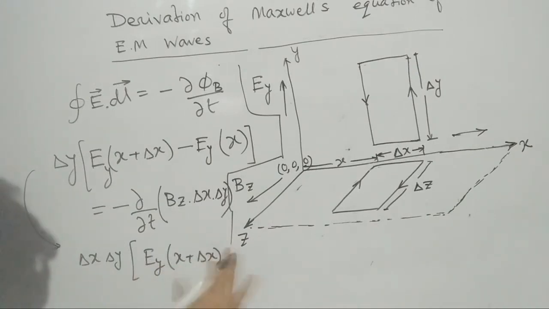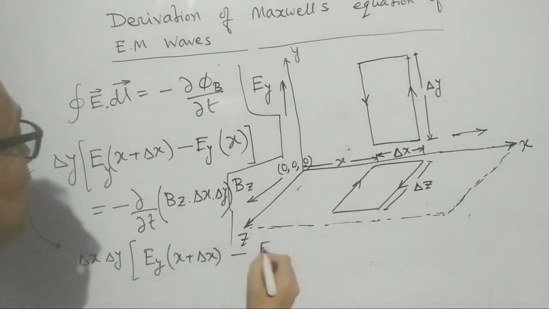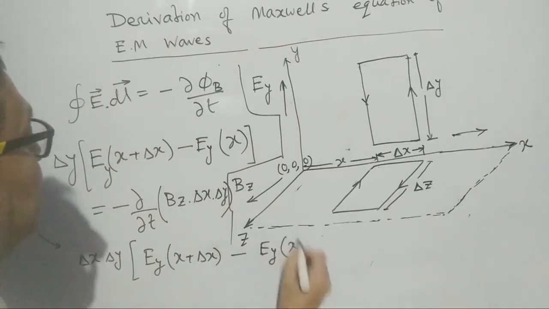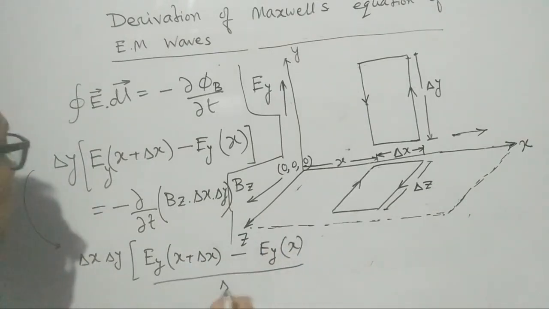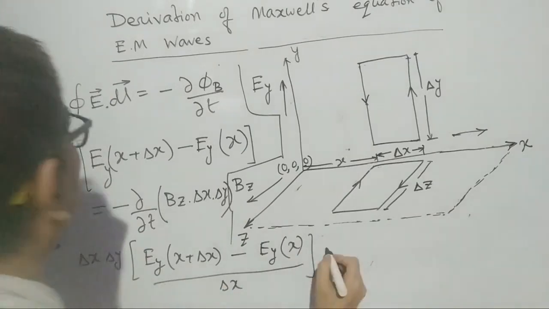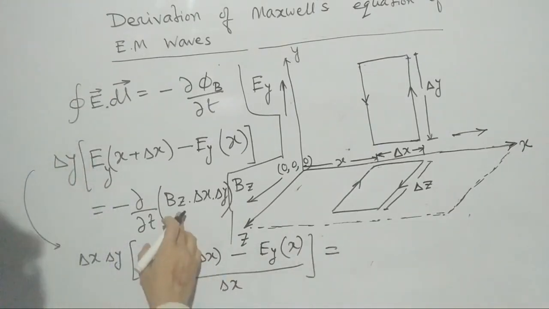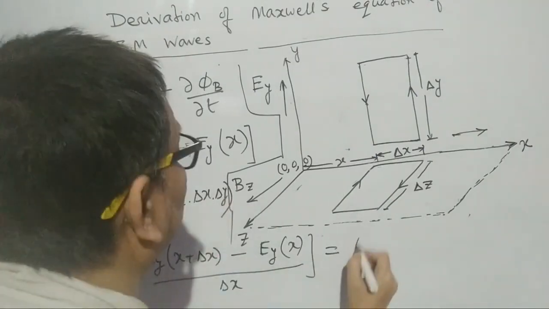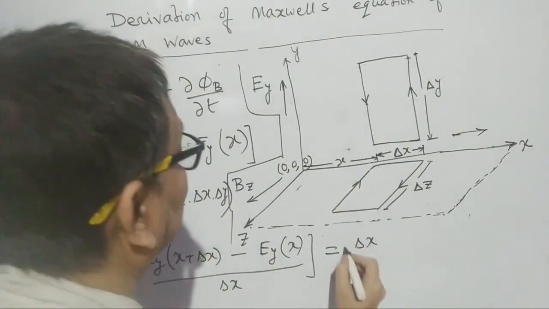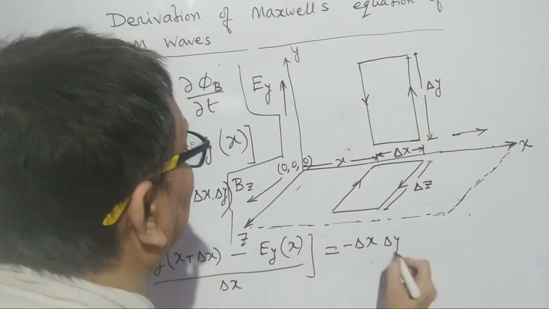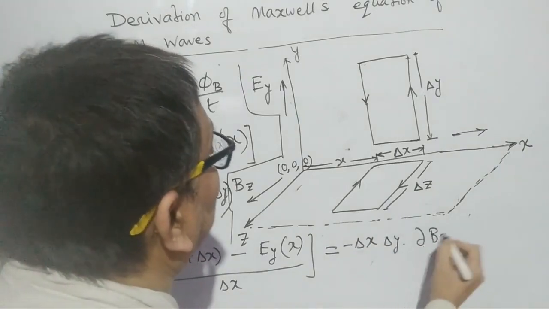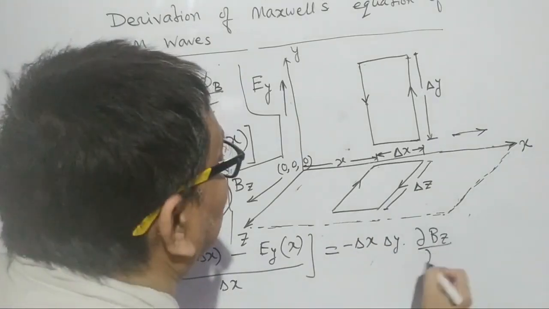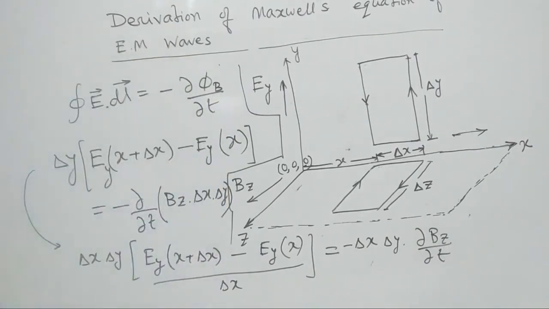So this format will be like this: Ey at x plus delta x minus Ey at a distance x by delta x, that is equal to, now see these things are constant, delta x delta y, these are constant, so we are taking them out, minus delta x delta y, del Bz by del t.